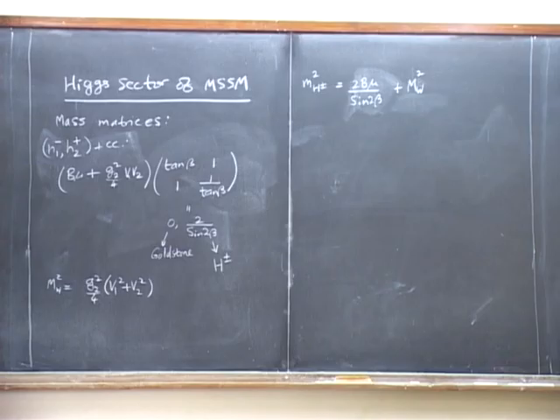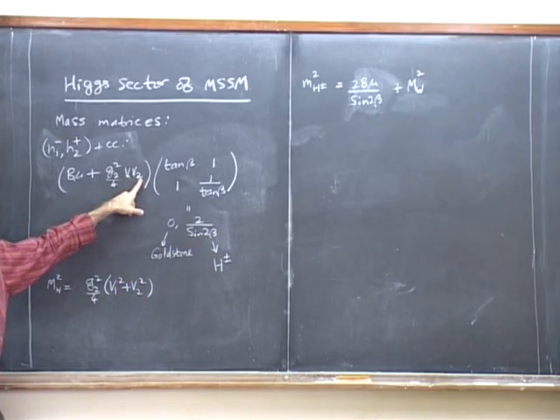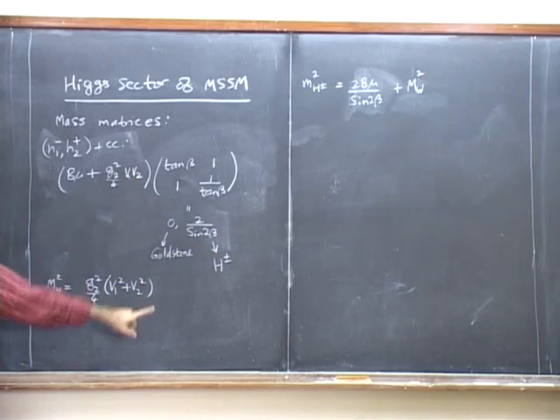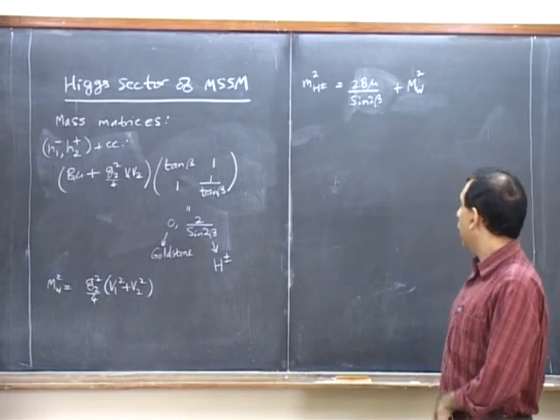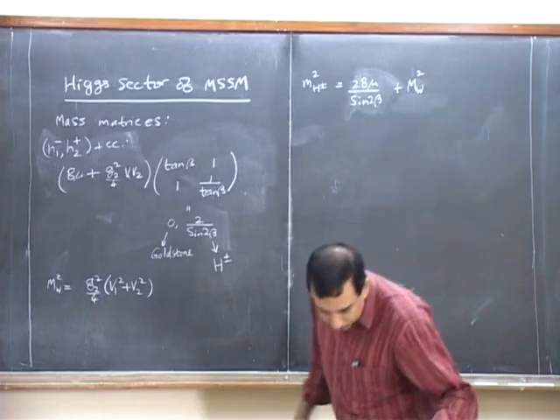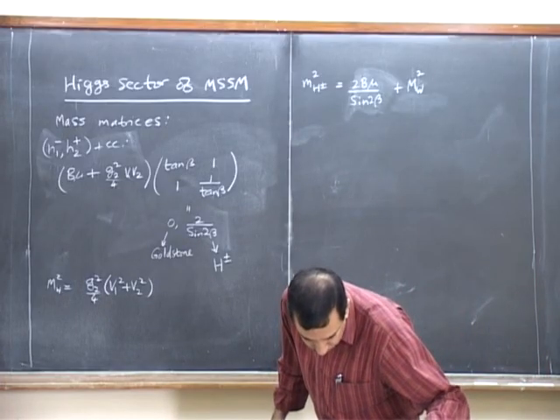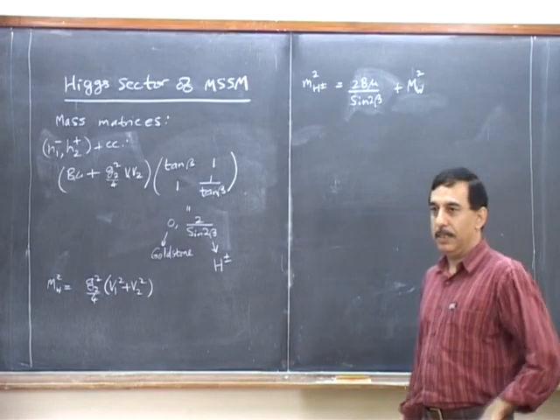Not very happy about this. 2 upon, no, this is correct. 2 upon sine 2 beta is the same as sine beta cos beta, and if I take v1, v2 and divide by sine beta cos beta, it's quite an easy exercise. You are encouraged to try it. So this is the answer for the Higgs plus and minus. Good. So that takes care of all the charged Higgs.